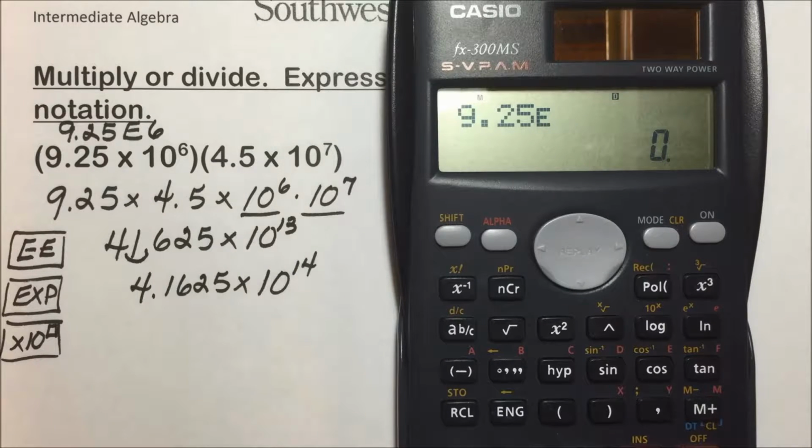The times 10 is built into the function of that key. By simply tapping the EXP key, I've got the times 10. Now all I need to do is enter the 6 to say it's to the 6th power.